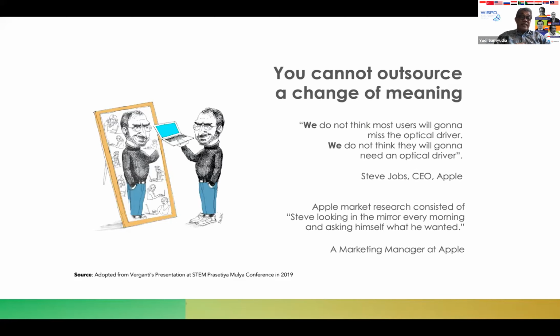So Apple didn't ask the customer, the public, to create a new product, but they asked the creator, the innovator, in this case Steve Jobs, to reflect and ask what the new product is.